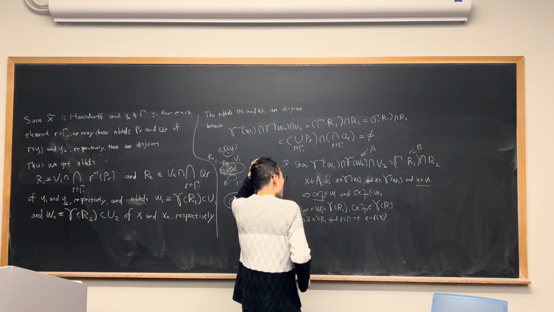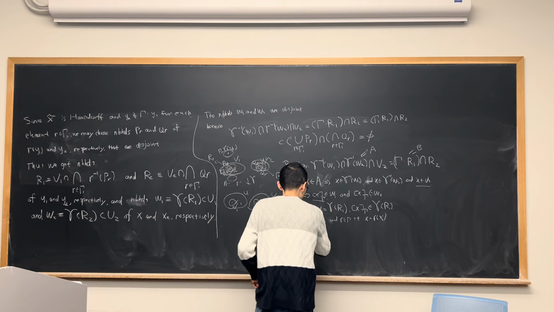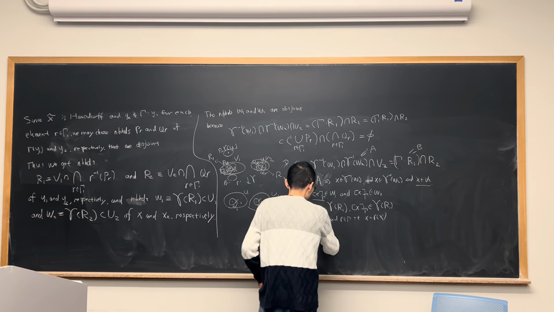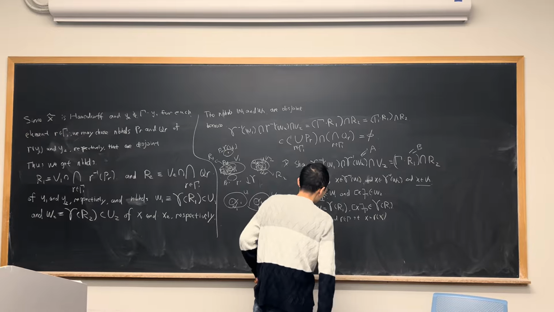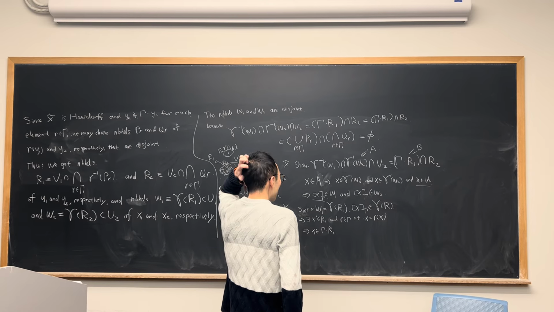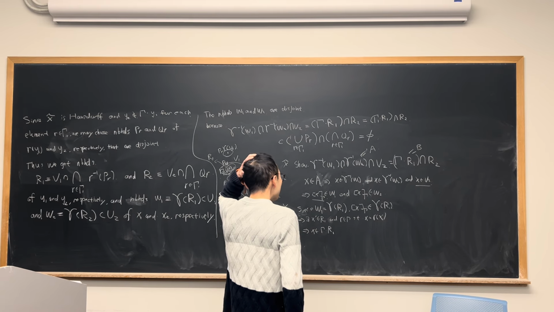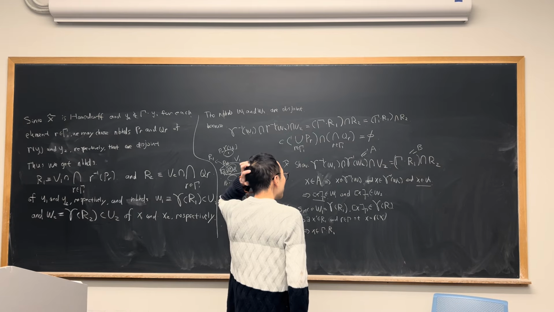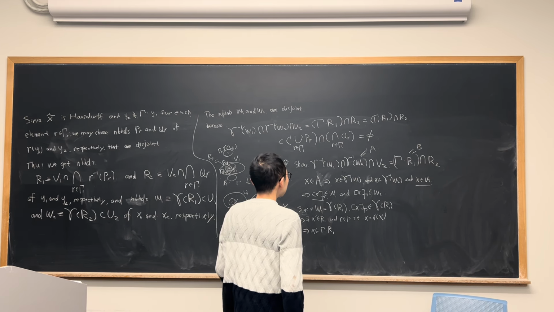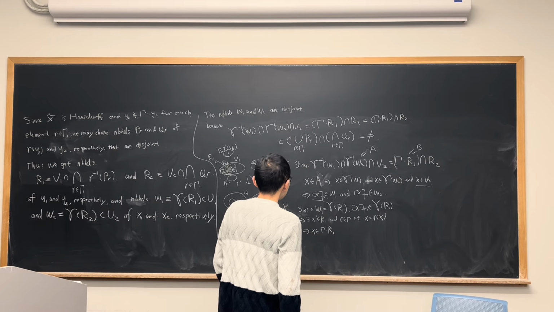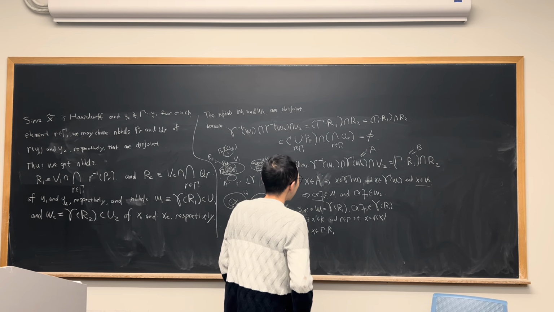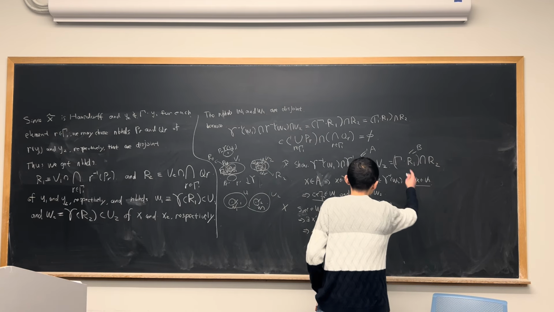So this shows that this x is in R1. And why is this x in R2 then? Because x is in V2.